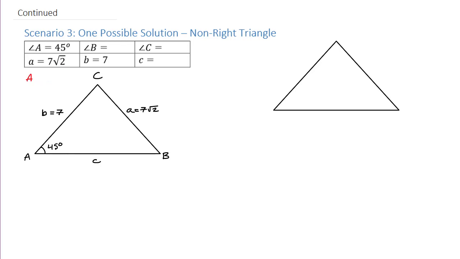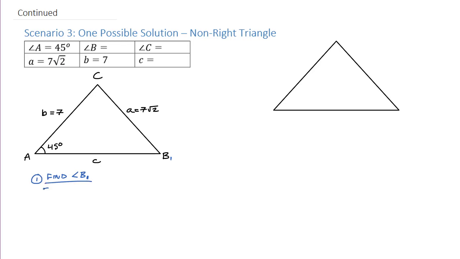So I start solving for angle B like normal, and I'm going to move a little bit quicker here because I know this is taking a long time. Step 1: let's find angle B. I'm going to call it B1. We don't know yet that there's maybe going to be another triangle, but I'm going to call it B1 for now. So let's set that up.